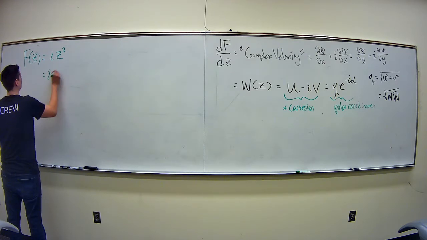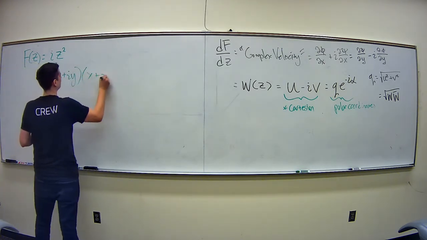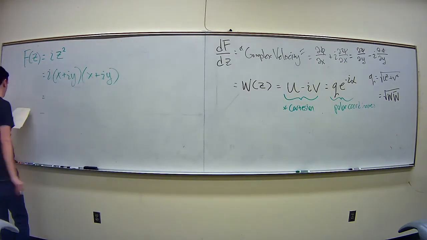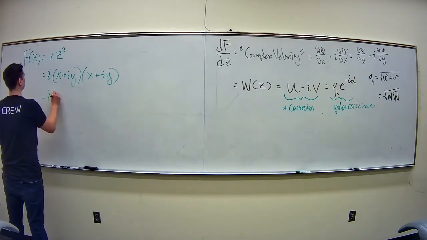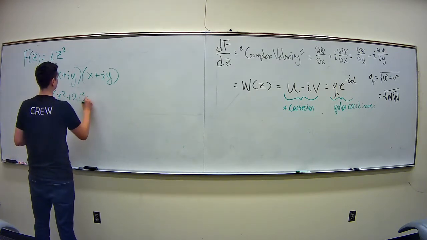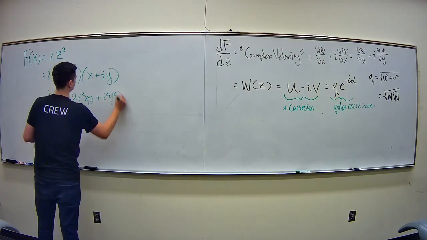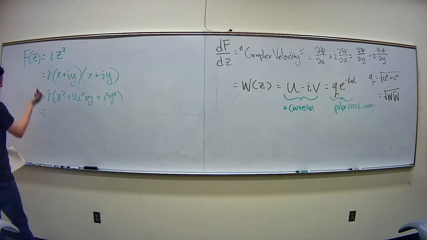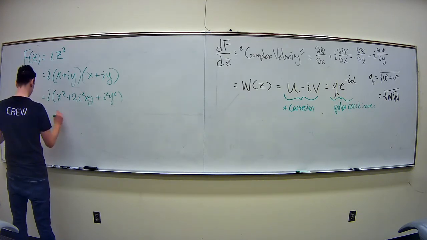So you have z, x plus iy, x plus iy. Put these together, foiling things out for you. Then you break this up into the imaginary and the real parts.